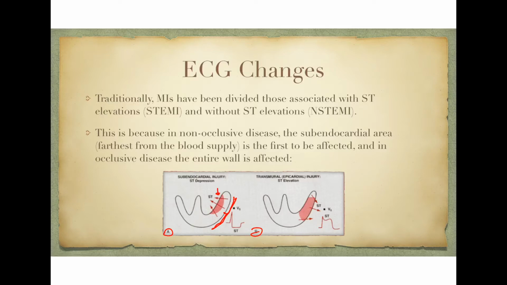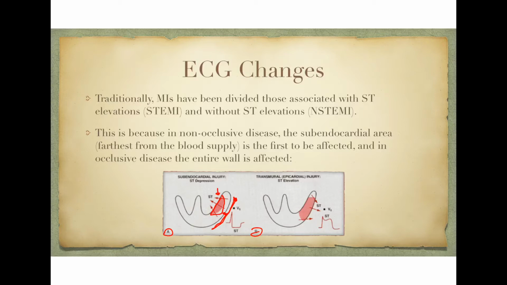So if there's a non-complete blockage of this vessel, the first area to be affected will be the portion of the heart that's farthest away from this vessel, which is the subendocardial area here. And whenever an area of the heart is ischemic, it's slower to depolarize compared to the rest of the heart.